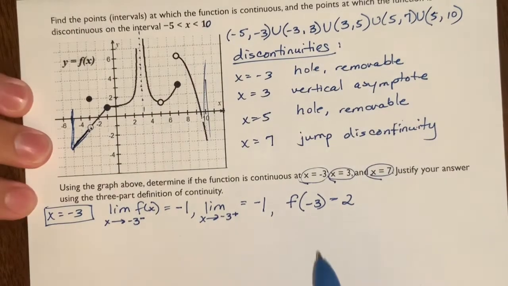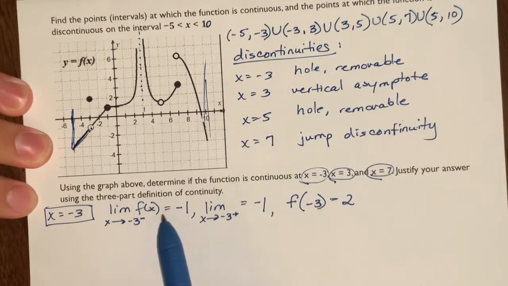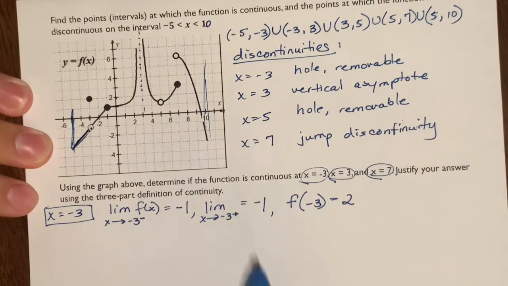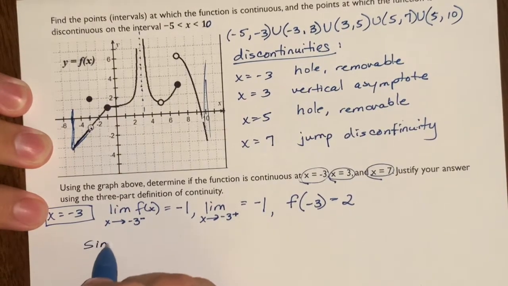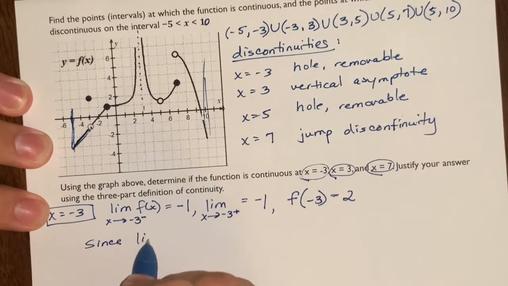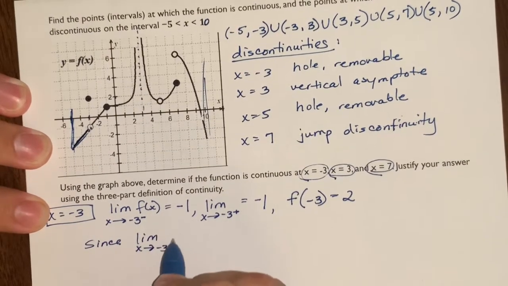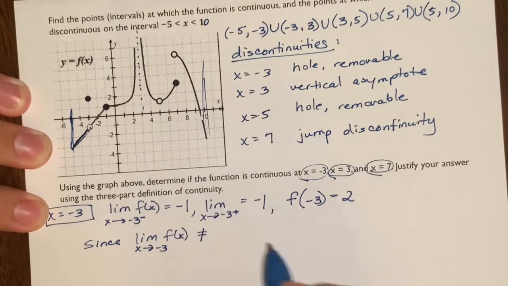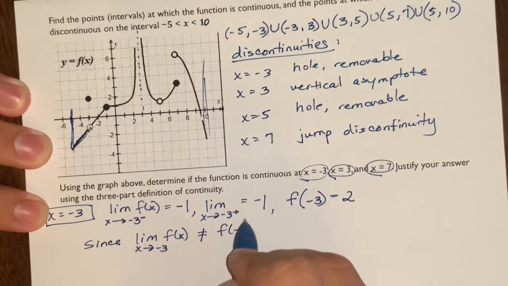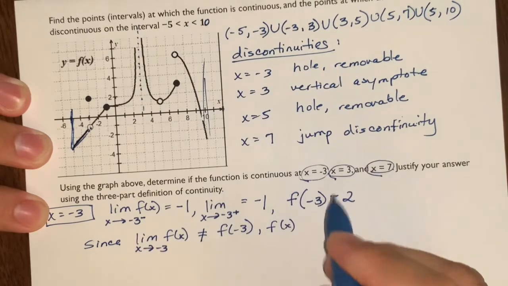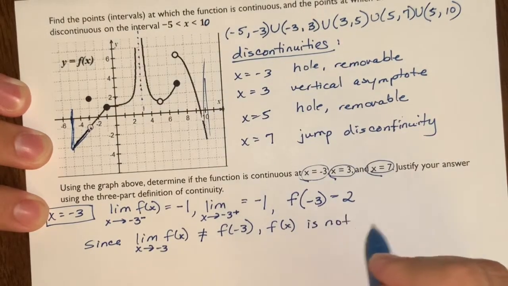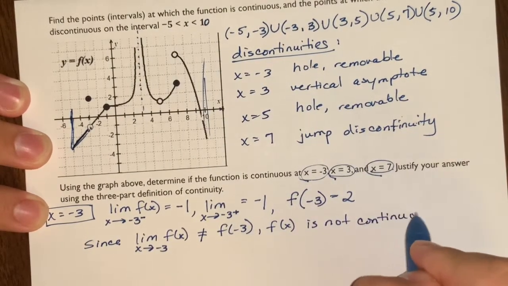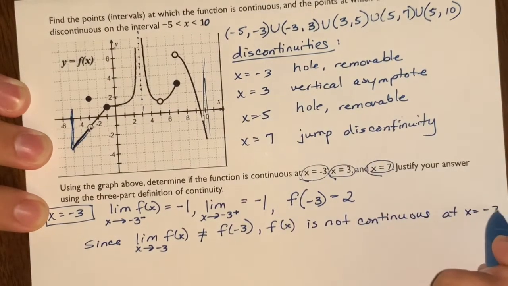In order for the function to be continuous, all of these values have to equal each other. So I'm going to say, since the limit as x approaches -3 of f of x does not equal f of -3, f of x is not continuous at x equals -3.